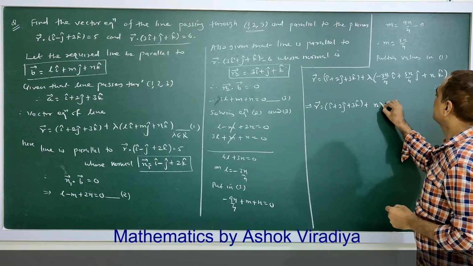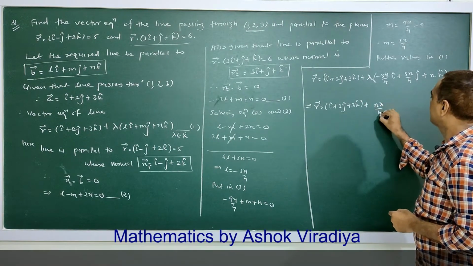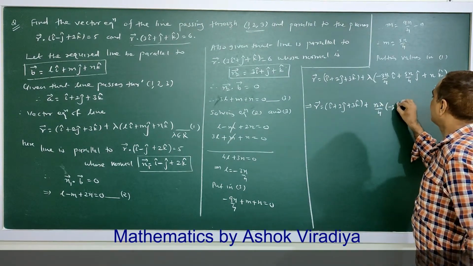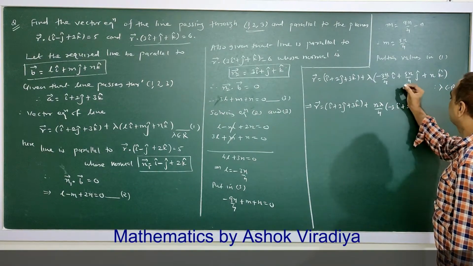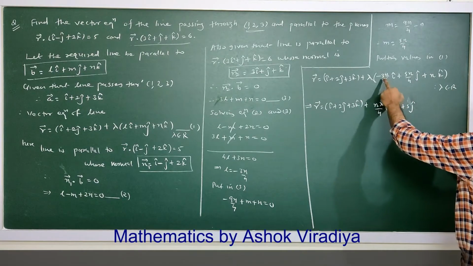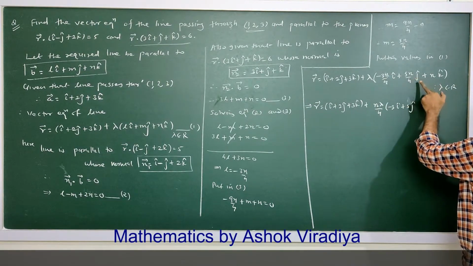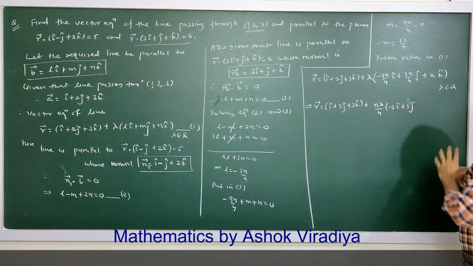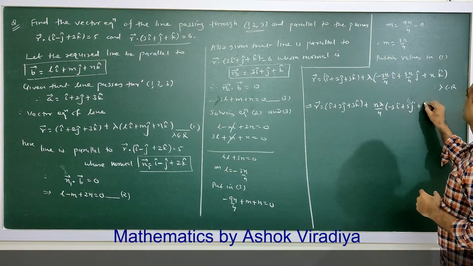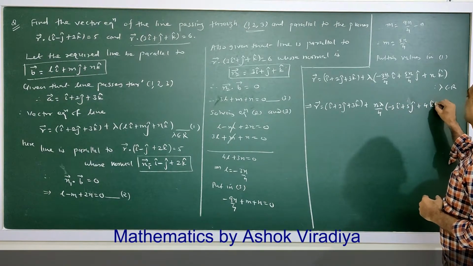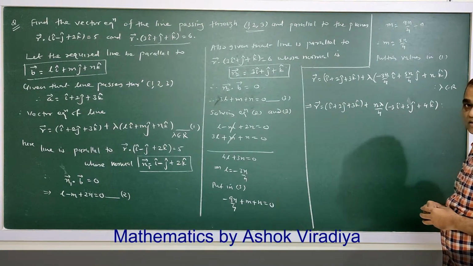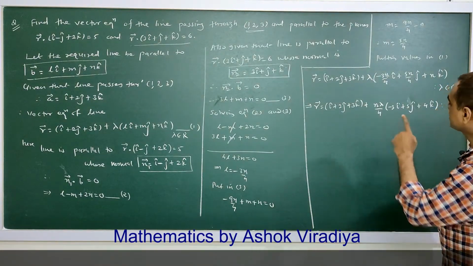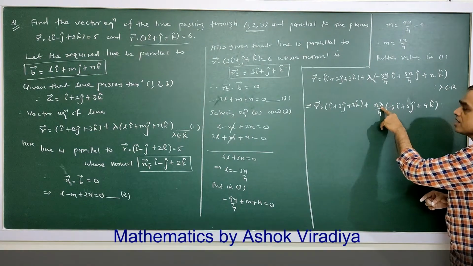So n by 4 taken out, so minus 3i plus 5j plus 4k. Here n is also real, lambda is also real.